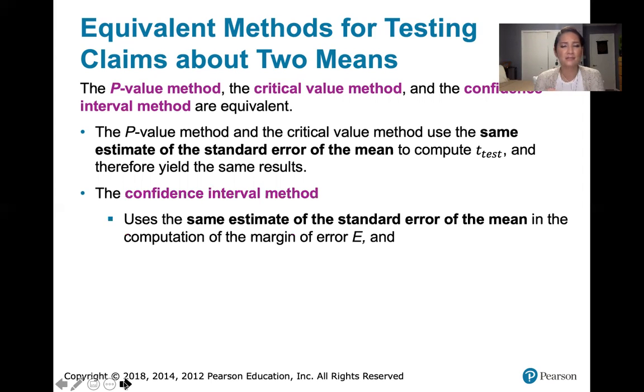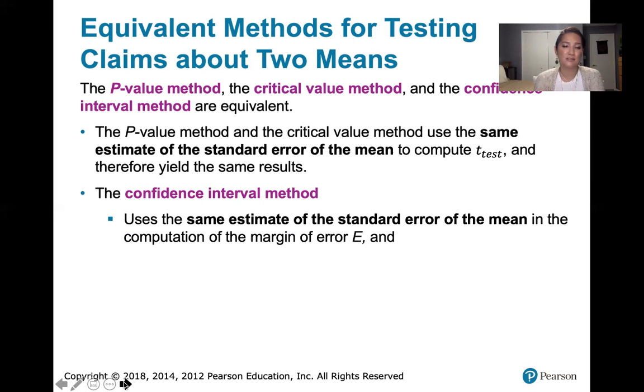Now, when you're talking about the confidence interval method, it is a little bit different, but we're using the same estimate of that standard deviation of the sample means, also known as the standard error of the mean, when we compute the margin of error, as we used for that estimate of the standard error when we're computing our test statistic for the p-value method and critical value method. So that's one reason that you would expect the confidence interval method and the p-value and critical value methods to get the same result.